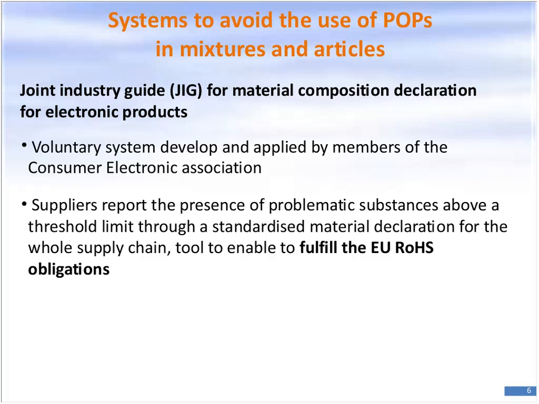The suppliers report the presence of problematic substances above a threshold limit like 0.1% through a standardized material declaration for the whole supply chain. This tool enables producers outside the EU to fulfill the EU rule obligations because the importer will rely on this material declaration and will apply for the CE mark that allows the import of the electronic equipment into the EU.